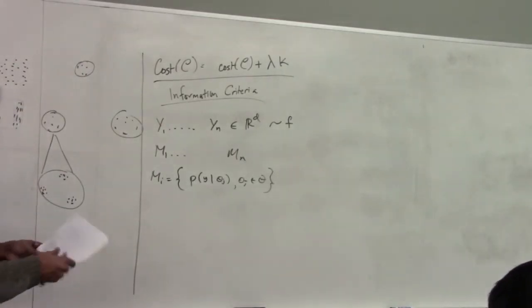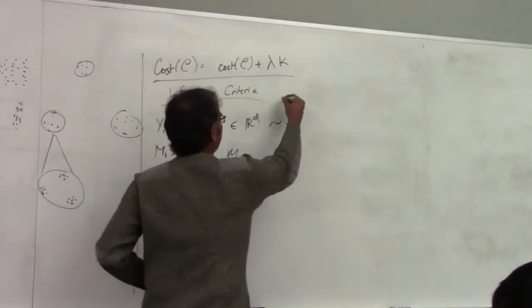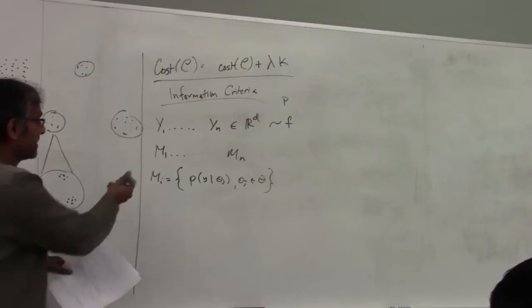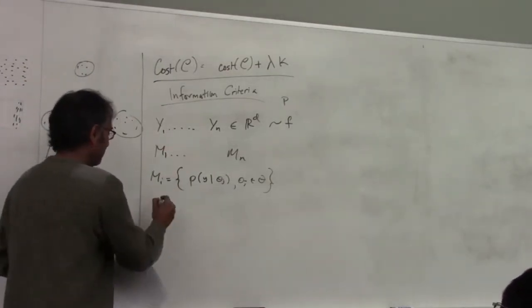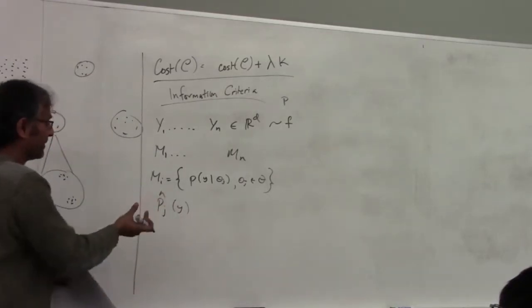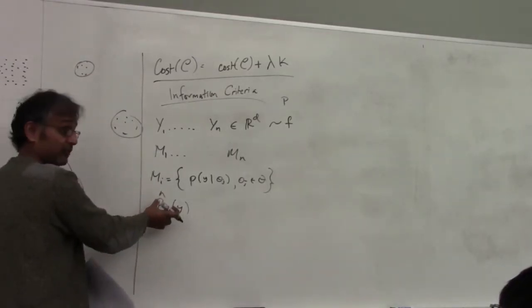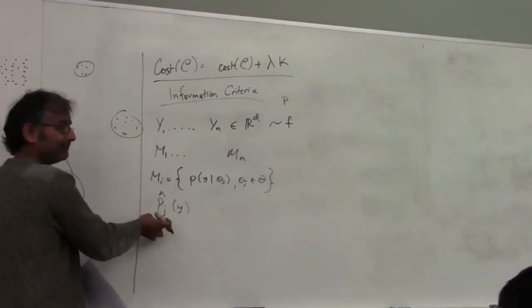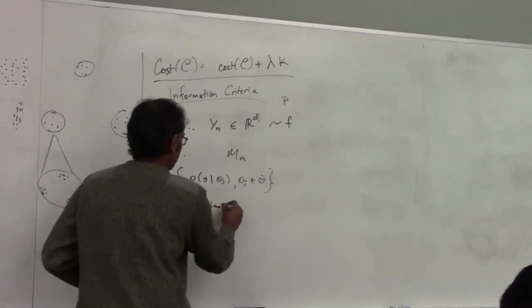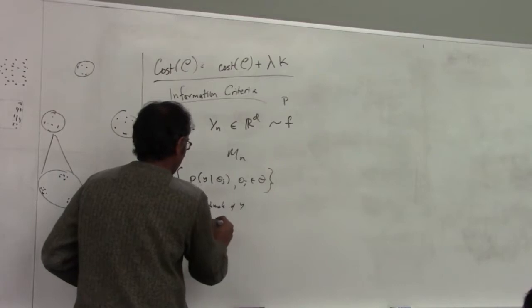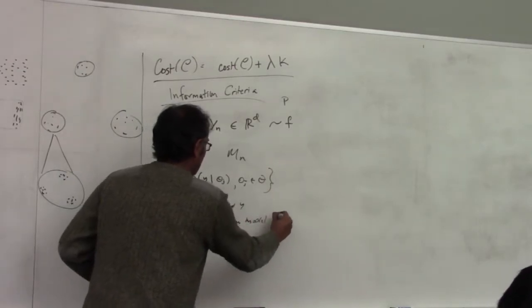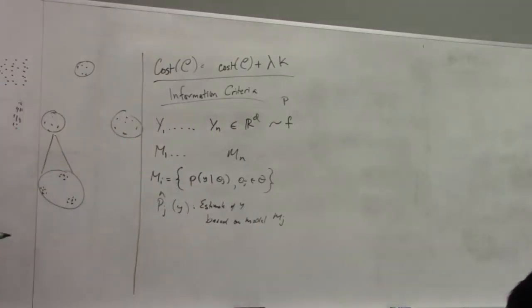So let's say the true estimate is some kind of density P, some kind of function P. And there's some estimate of P based on the jth model, and we'll call it P_j(y). Okay, this is the estimate of the true distribution on Y if you use model Mj.